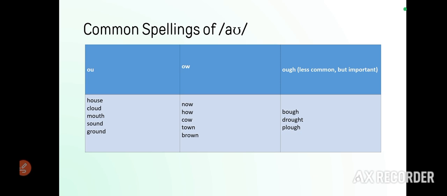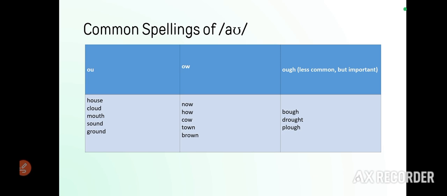It can appear with E, like the I sound in tiger, pilot, silent, final. Then we can see it in UY, in buy, guy. Then, rarely we can see it in YE, in dye, and eye.